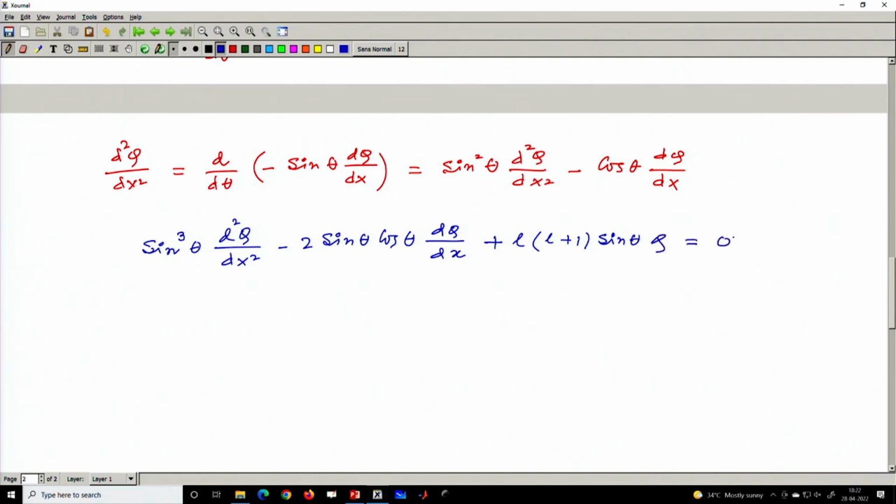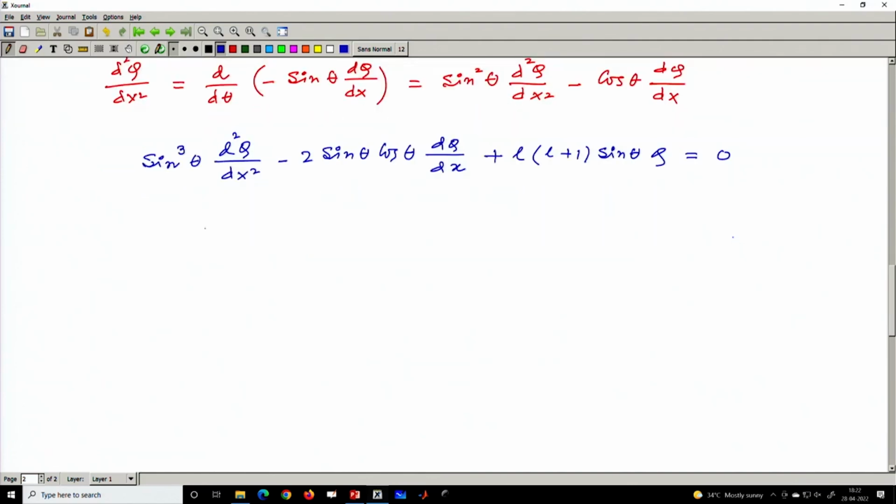So, one sin theta is going to cancel out, so I have sin squared theta d2q dx square minus 2 cos theta dq dx, and then plus L into L plus 1 q equal to 0.